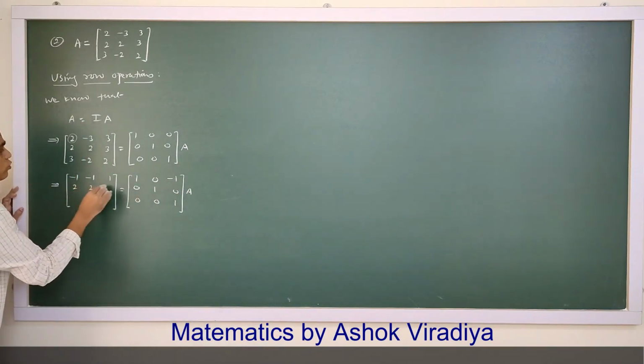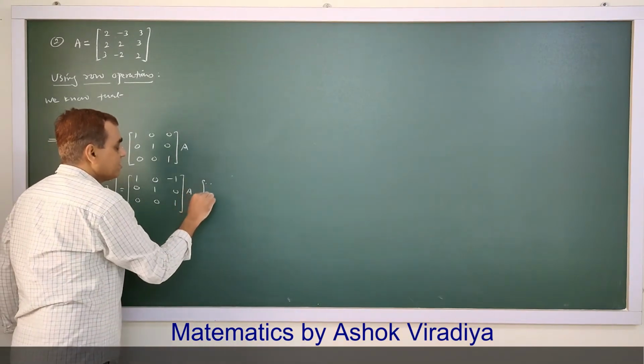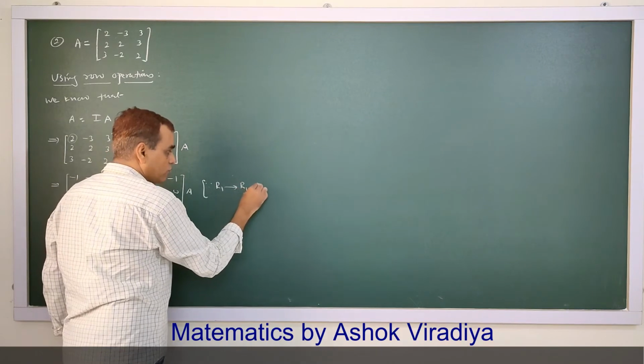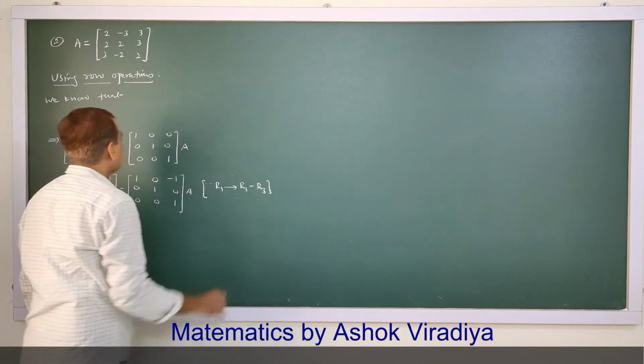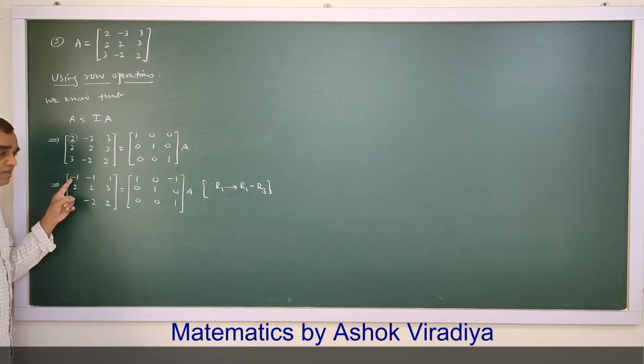Here 2, 2, 3, 3 minus 2, 2. What is done here? In the first row, the third row is subtracted. Here it is 2, we want 1. So to have 1, first of all we get minus 1 here, because subtraction gives minus 1.